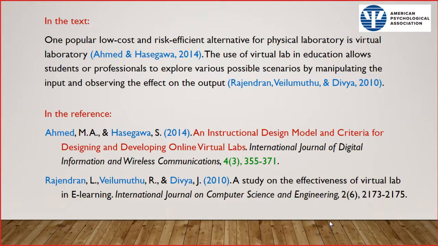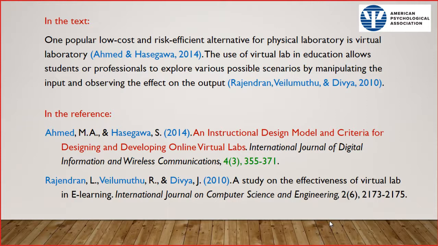Now, in the reference, in general, we mention the names of the authors and the year of publication. The ones in red are the title of the article. If this were a book, it would be the title of the book. This is a journal article.